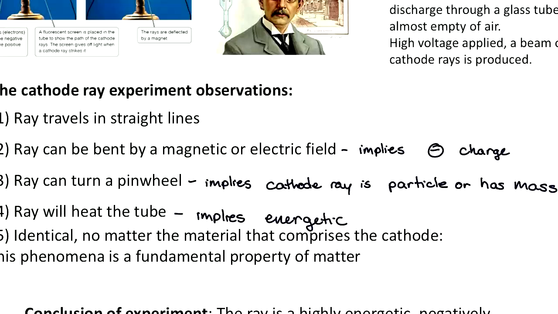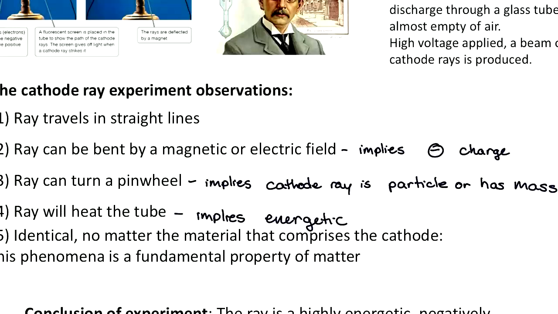So I'm going to do that now. See that? Is it bending? Yes, it's bending with a magnet, and if I knew the polarity of this magnet, we could determine what the charge is of this mystery beam. So which way is it going? Is it going up right now? Up.